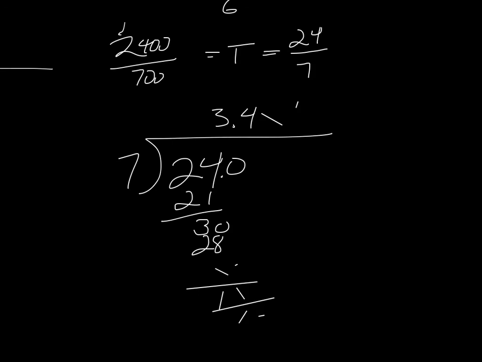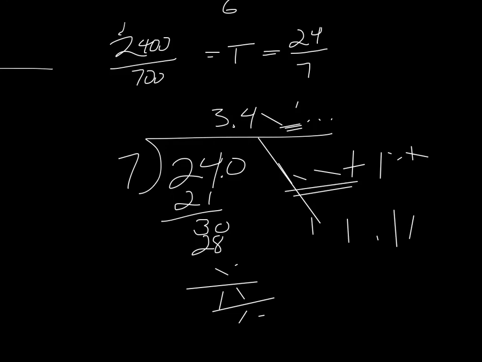Okay. So one little thing is the problem asked for nearest 100th. So you just got to be careful to go out one more space, because the nearest 100th would be 3.43. Okay, so just pay attention to what they actually ask for when you're doing the math contest.